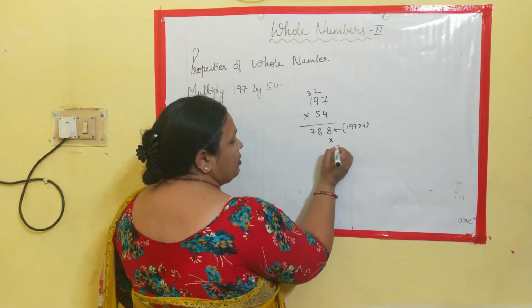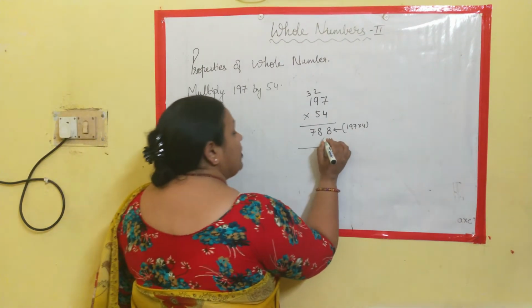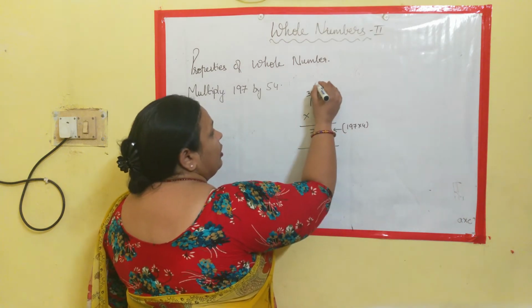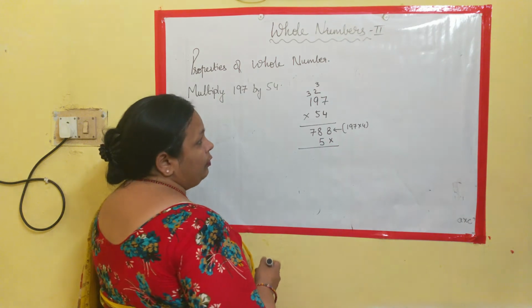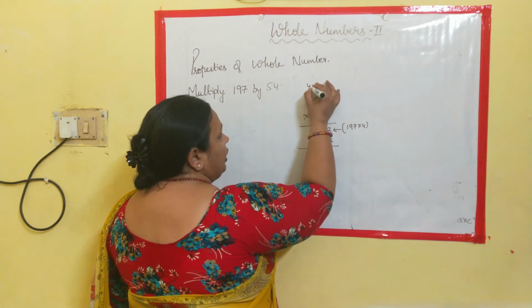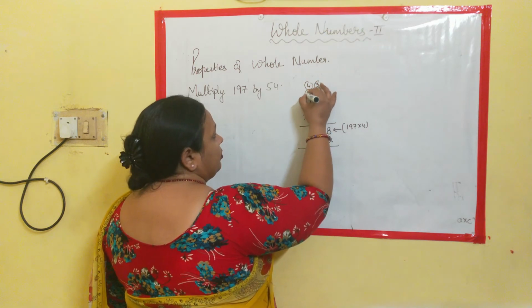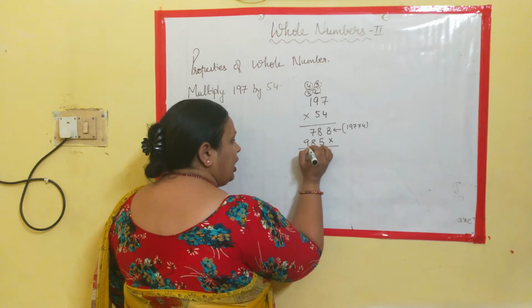You left this place empty because you are multiplying with the tens digit. 7 fives are 35, 5, 3 in hand. 5 nines are 45, 48, 8, 4 in hand, clear?